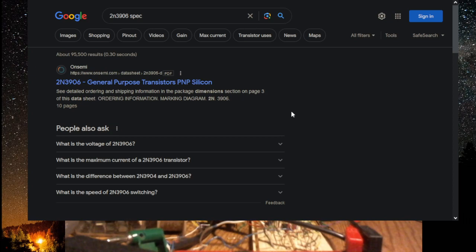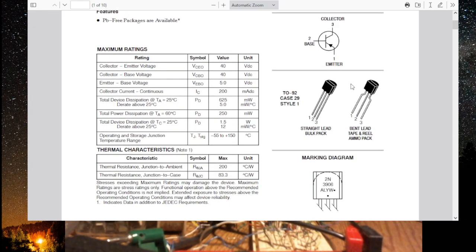These are really old small transistors. This is a PNP.